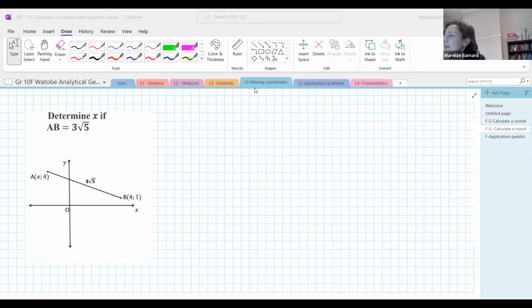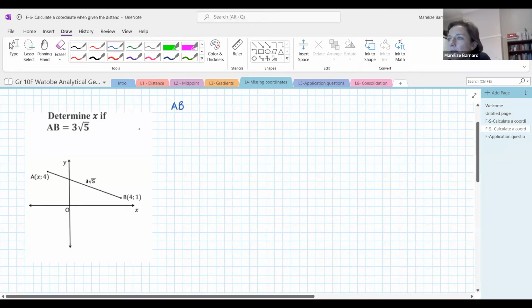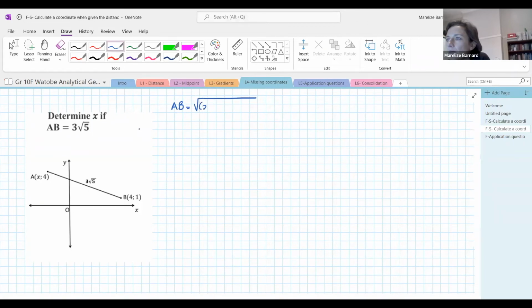Great. Sianda, you can unmute. Hi, ma'am. So what we should do is make AB equal square root, and then inside the square root, we make bracket x2 minus x1 close bracket squared plus y2 minus y1 bracket squared. Yeah.